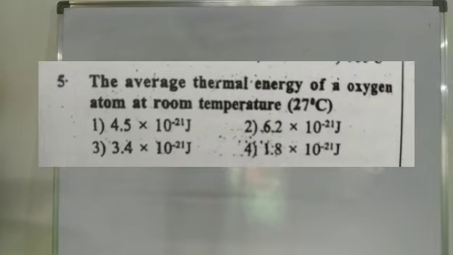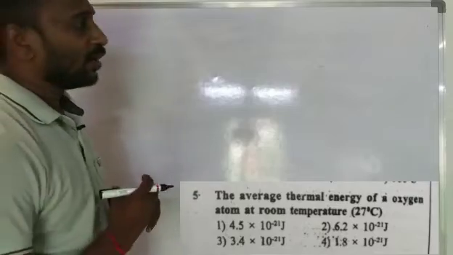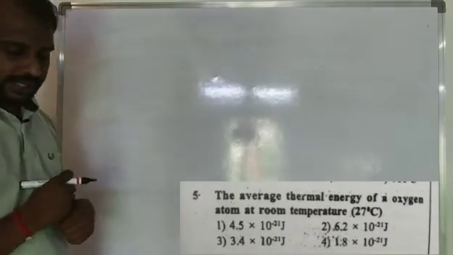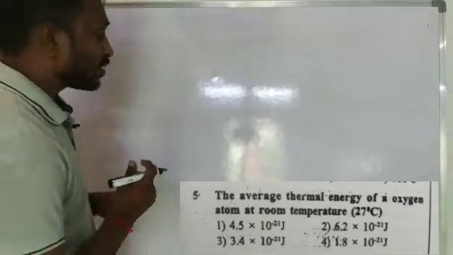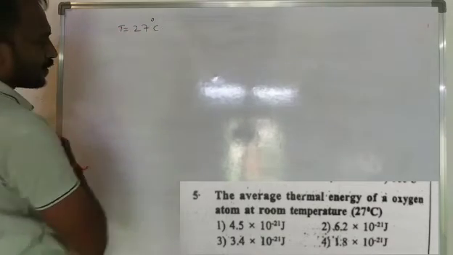Here we want to calculate the thermal energy. Already given that the temperature value is 27 degrees Celsius, T is equal to 27 degrees Celsius.